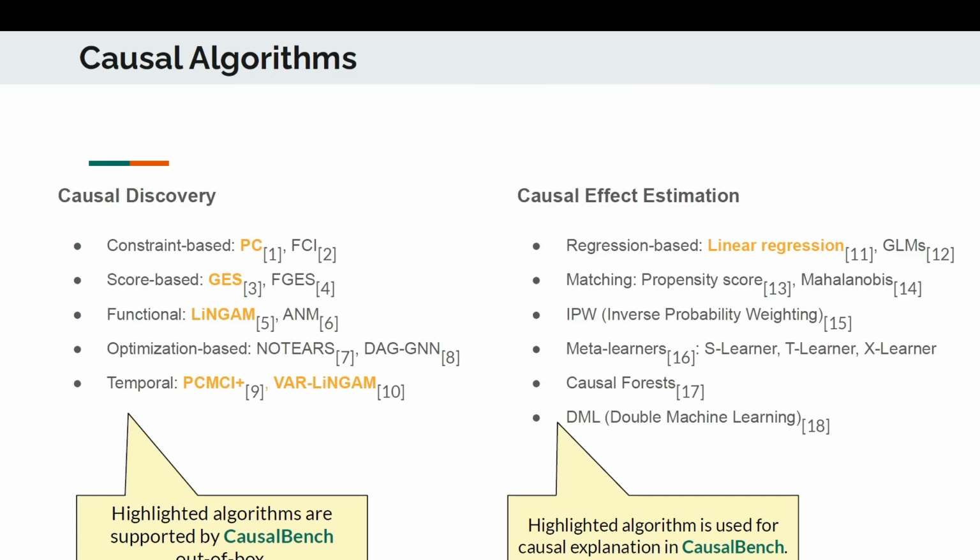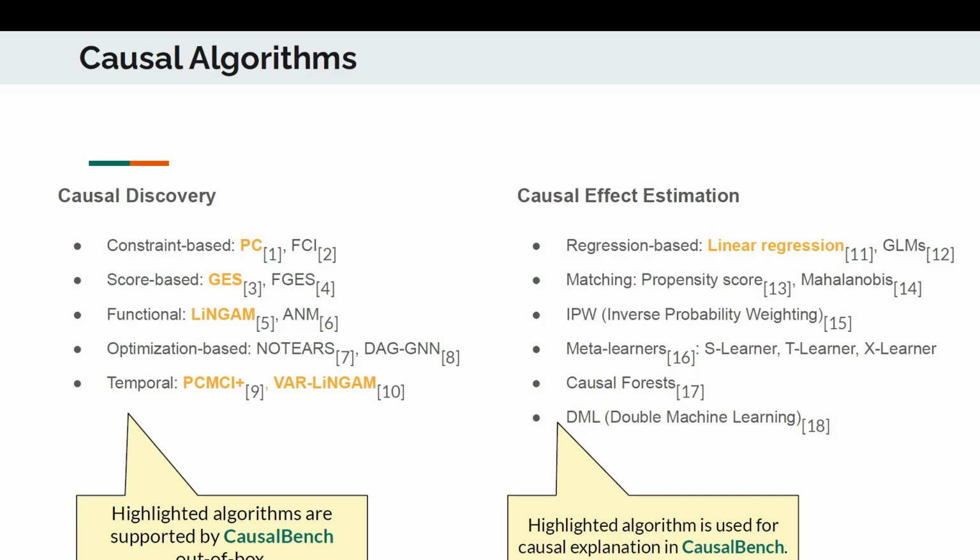Speaking of causal algorithms, we provide a quick taxonomy on the algorithm types of causal learning. As there is more than a single way to perceive a causal environment, there is also more than a single way to achieve these causal tasks. For example, on causal discovery, some algorithms work by creating constraints. Some find the graph by using scores, utilizing some functions, or optimization based.